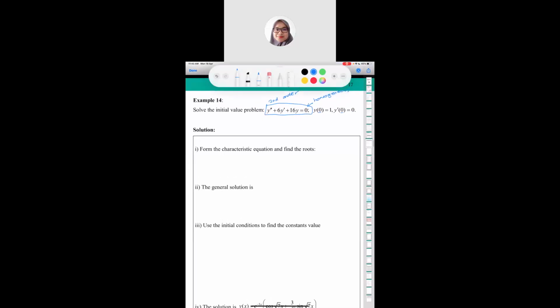So, characteristic equation m squared plus 6m plus 16 equal to 0. Tekan calculator. Bagi saya apa roots yang you dapat?